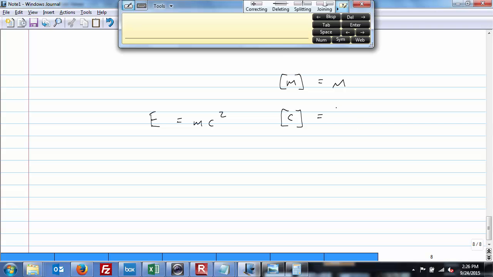Distance per time, yep. And then we can finally see that the dimensions of energy, that's what I mean when I put these little brackets around it, are just mass times length squared over time squared. And this is not something we typically deal with.